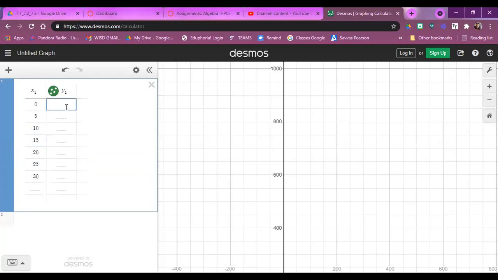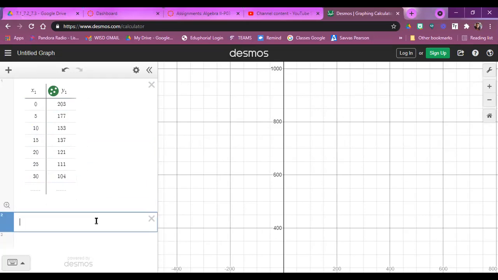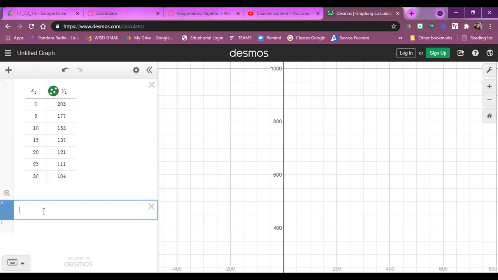And then I have 203, 177, 153, 137, 121, 111, 104. So I created my table. And then I'm going to put in my model.